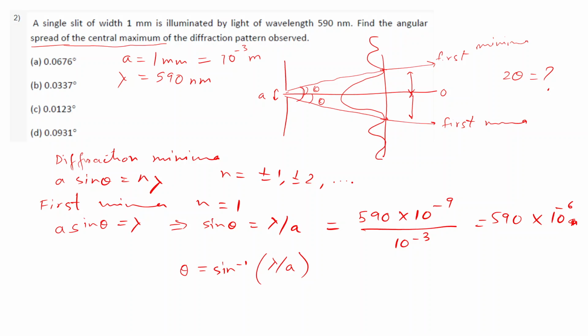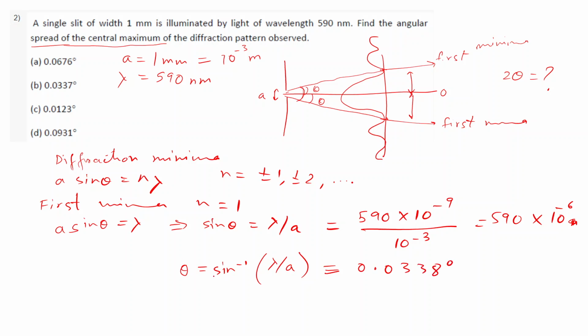When I take sine inverse of 590 times 10 to the power minus 6, then my answer, theta, will be 0.0338 degrees.